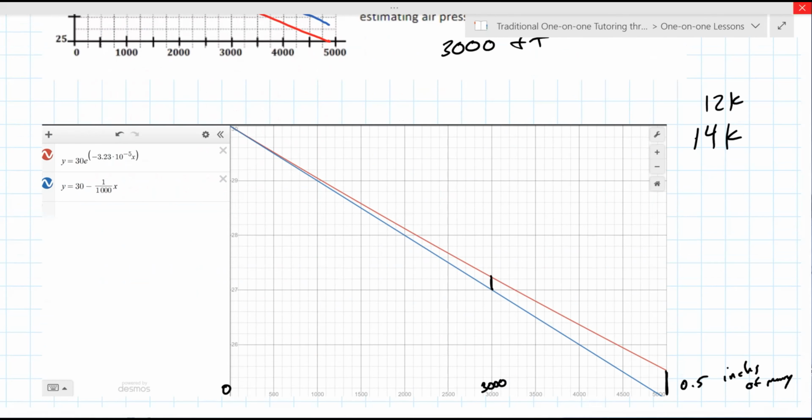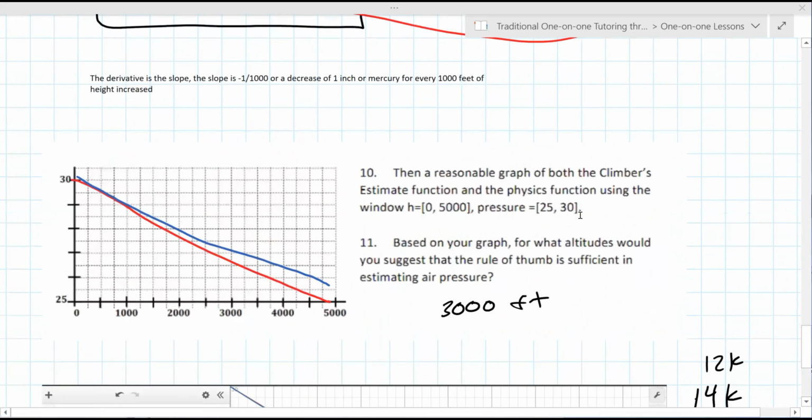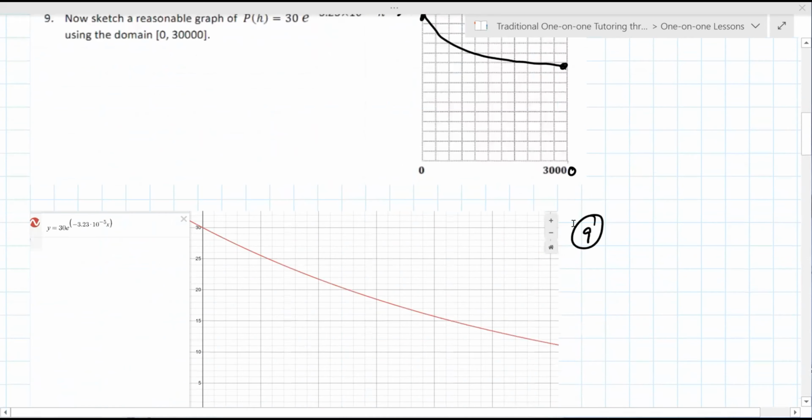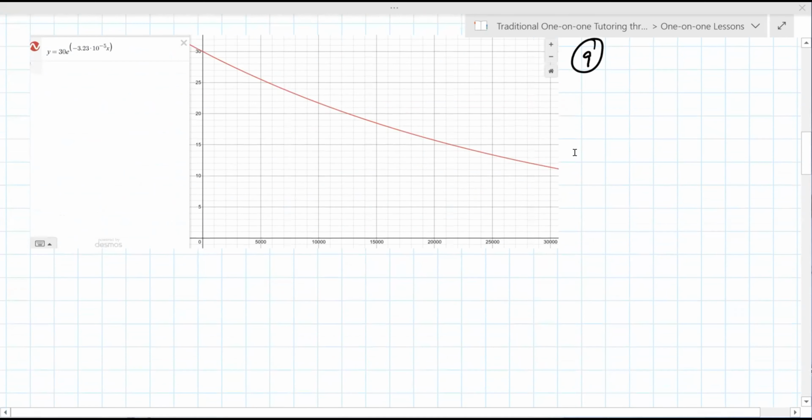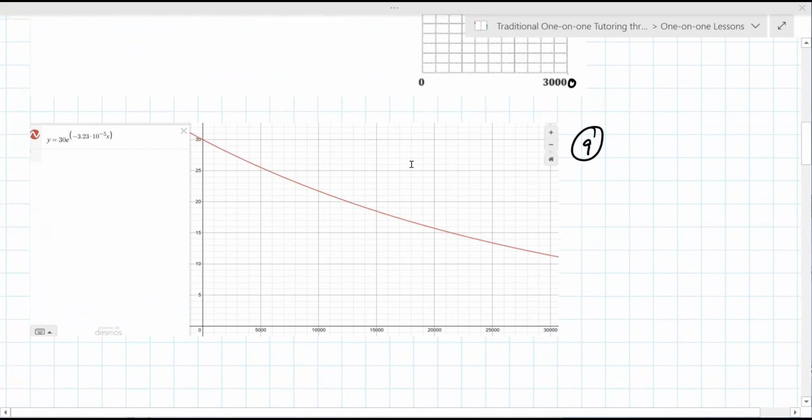Can we go back to the graph for number 9 so I could draw that down again? Yes. So the graph for 9, this is the one I would use, something that looks like this. It's really the right window there. That's around 30, 30, 30, 20.